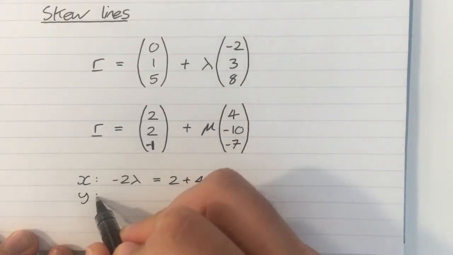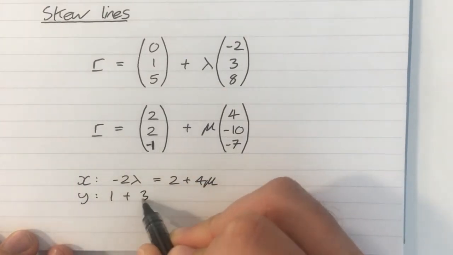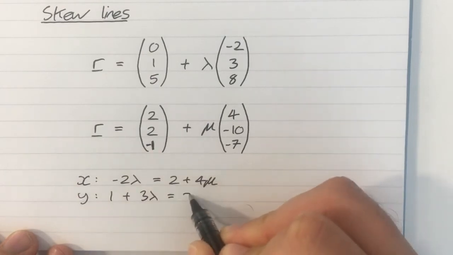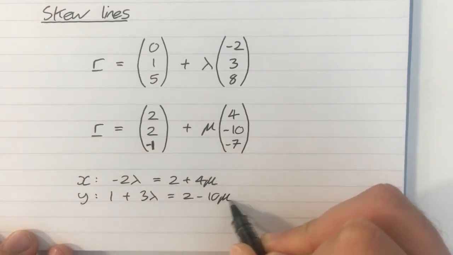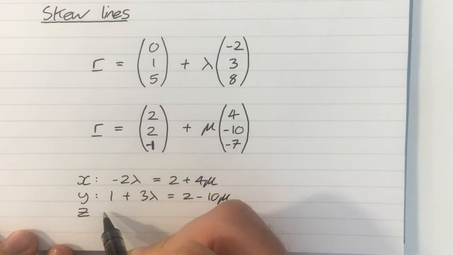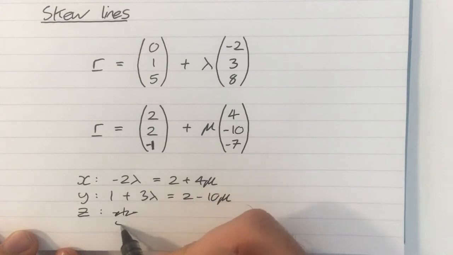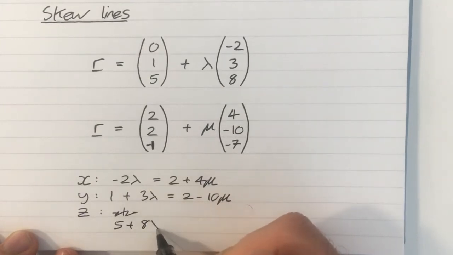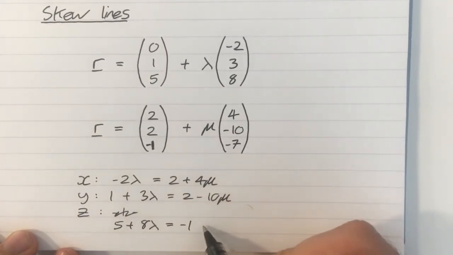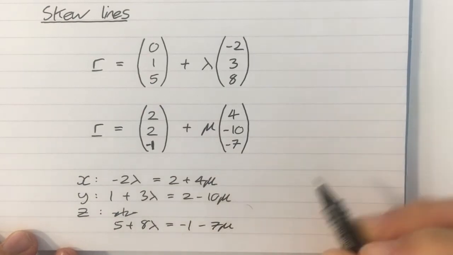In the y direction, we've got 1 plus 3 lambda is equal to 2 minus 10 mu. And in the z direction, we've got 5 plus 8 lambda equals minus 1 minus 7 mu.